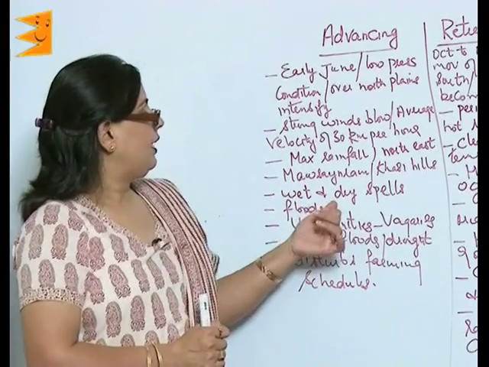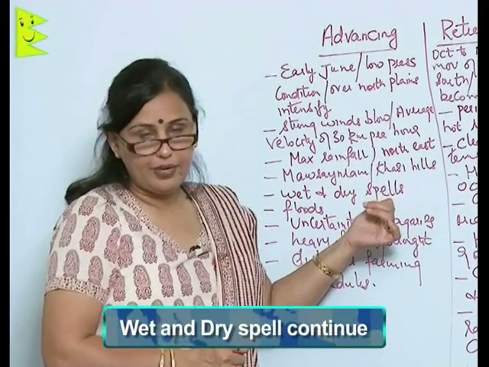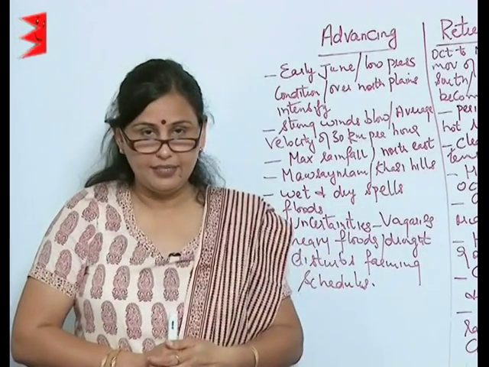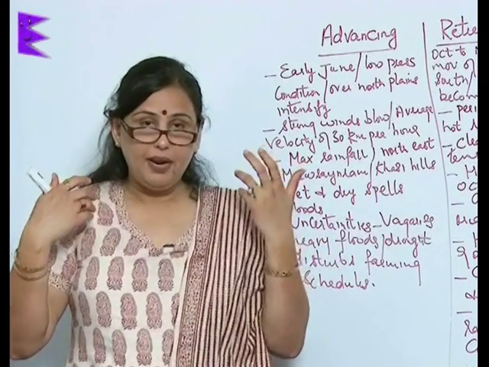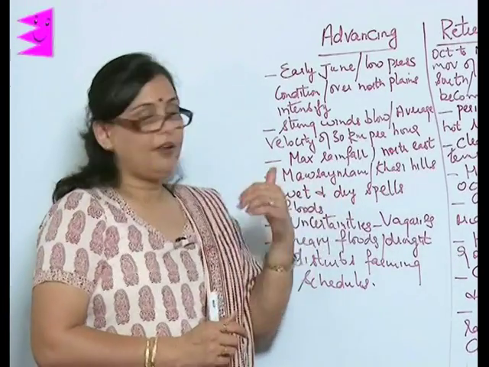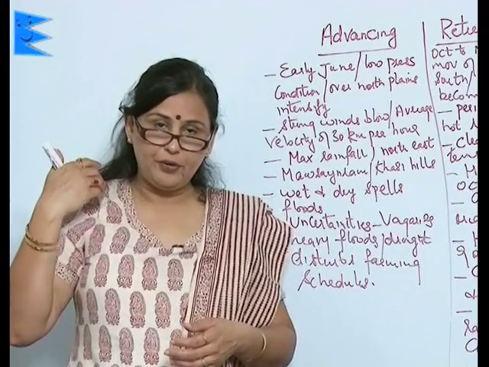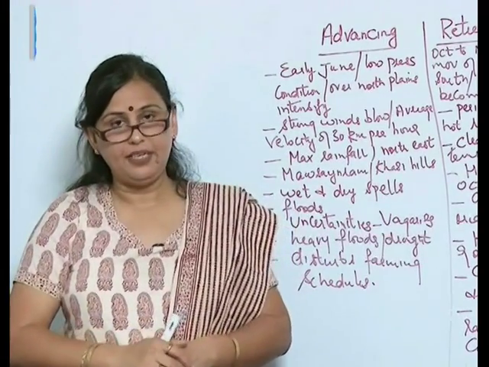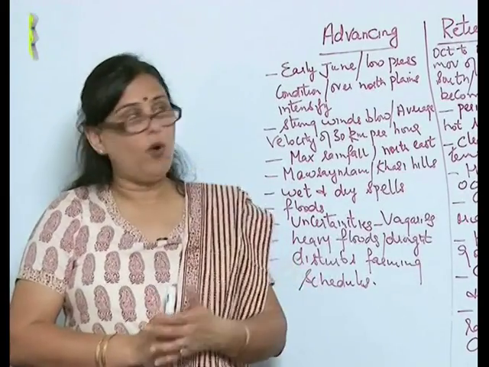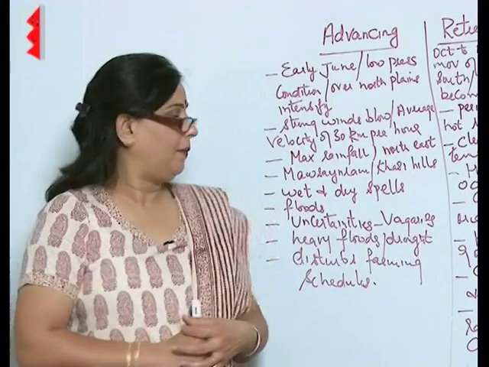And we see that the wet and dry spells continue during these months. Wet and dry spells, that is, it might rain for days together, that is the wet spell, and it might not rain at all for days, that is the dry spell. Such is the trait of the advancing monsoon that we experience in India.